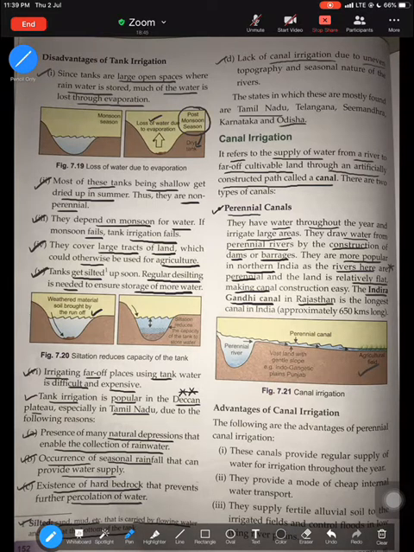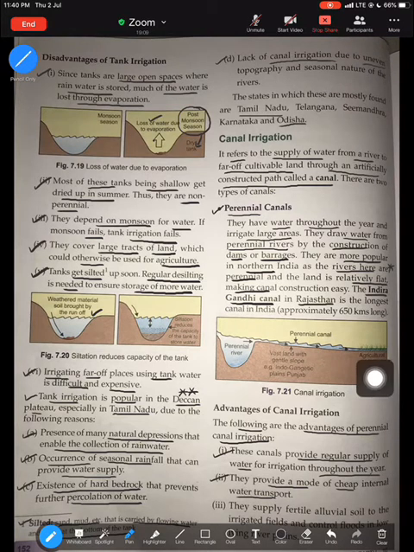Now, advantages. What are the advantages? The following are the advantages of perennial canal irrigation. First, they provide a regular supply of water throughout the year. That's why they are termed perennial. Second, they provide a mode of cheap internal water transport. It is not as expensive to provide water internally, meaning to nearby areas.